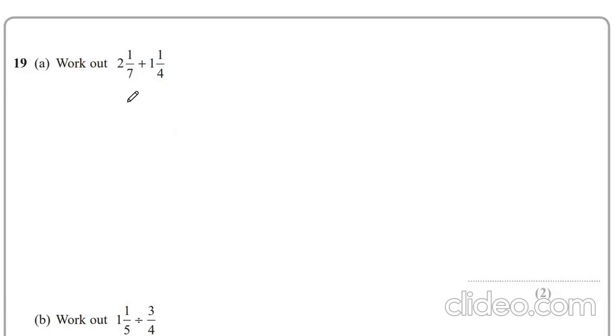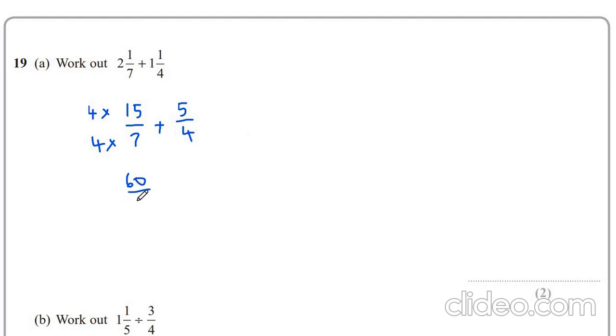So we need to convert these into improper fractions first. 7 times 2, 14 plus 1, 15 over 7, plus 4 times 1, 4, plus 1, 5/4. Now before we can add them, we need to make sure they have the same denominators. So we can convert each of these fractions into equivalent fractions. We multiply both the top and the bottom by 4.